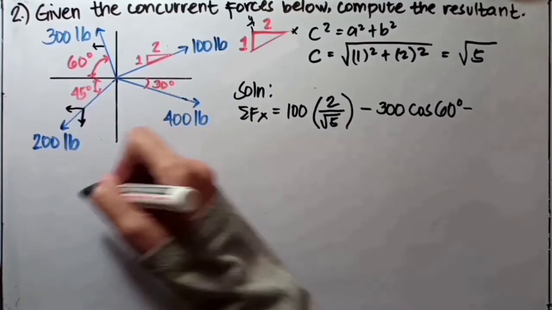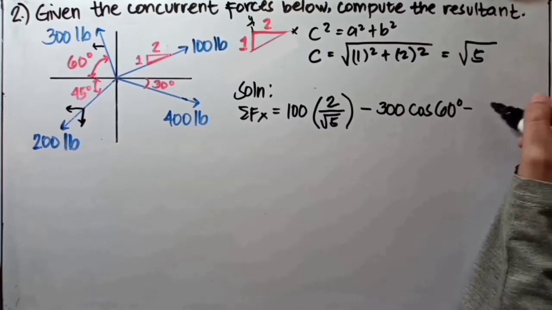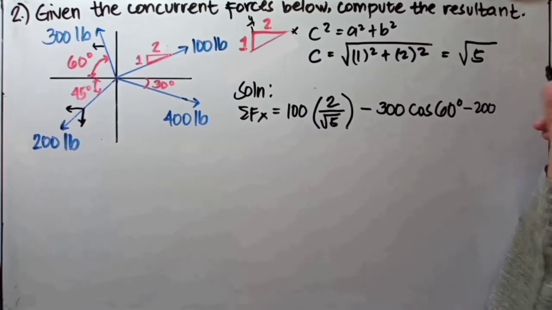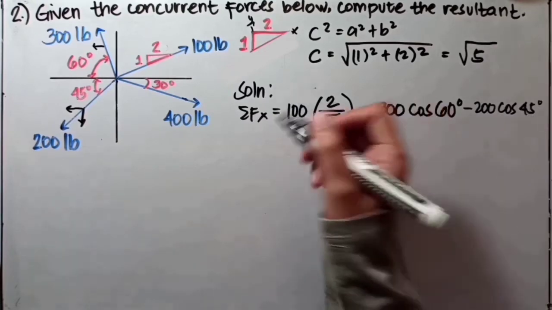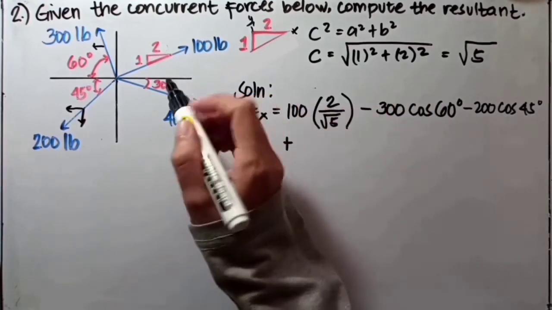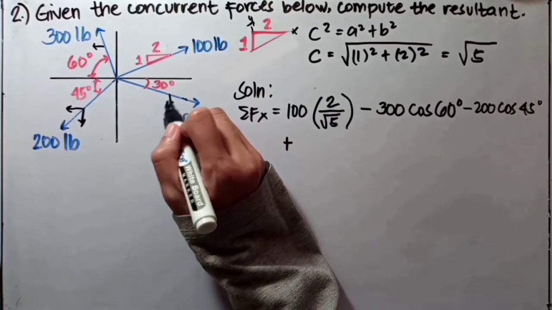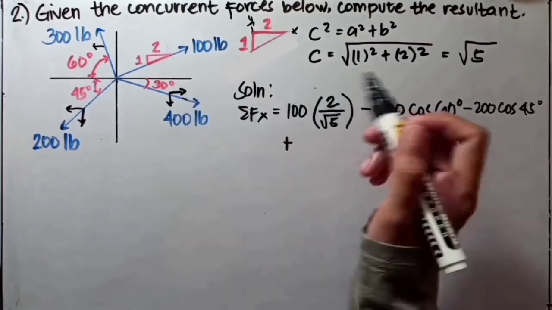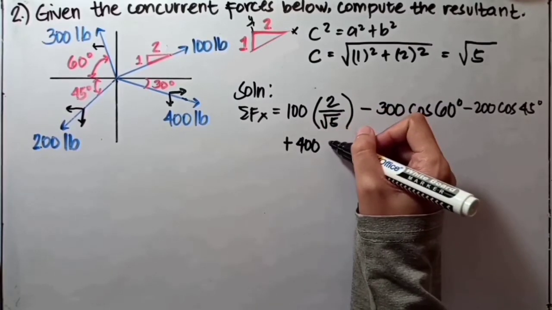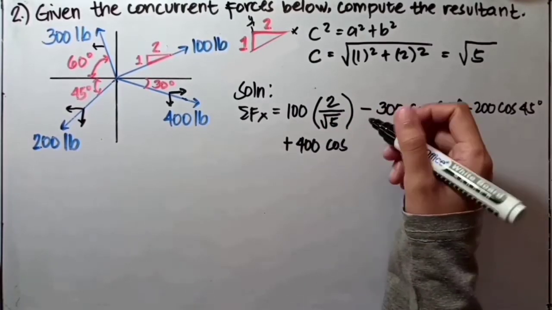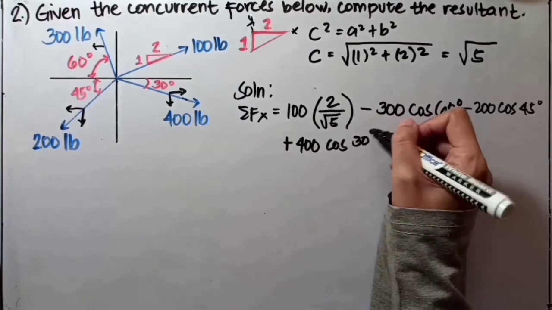And then, going down ang y component. So, 200 pounds is times cosine 45 degrees. And then plus, y plus kasi ang x component ng 400 is going to the right, which is the positive side. So, 400 cosine, since it's an angle, cosine 30 degrees.